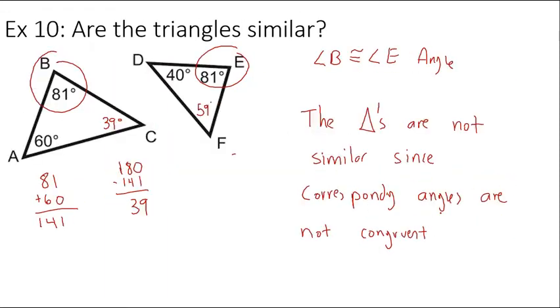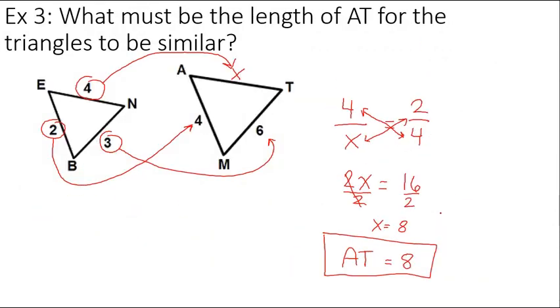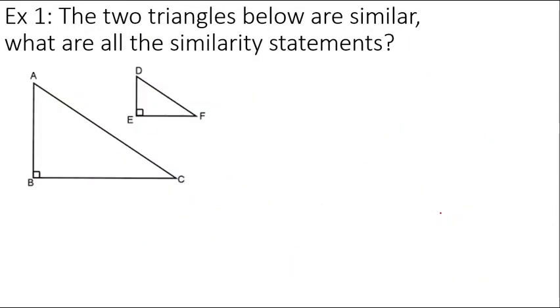Okay, I believe I forgot. All right, go back to example 1 and get practice to do this one. Okay, so when it says here similarity statements, that's all you need to do here. So the triangles are similar, so we know angle A and D correspond to each other.